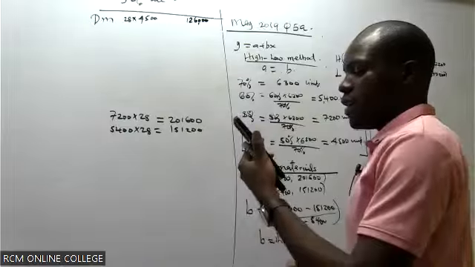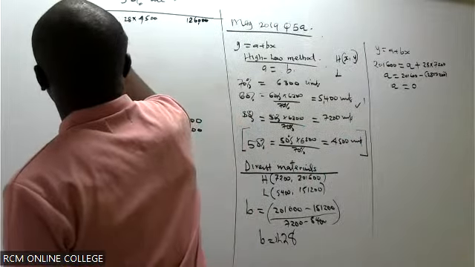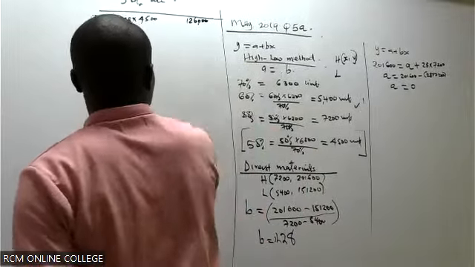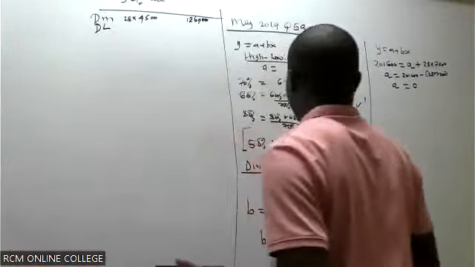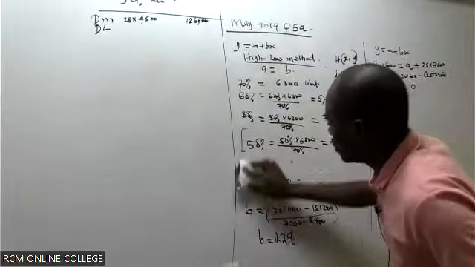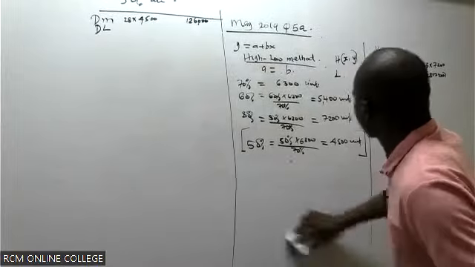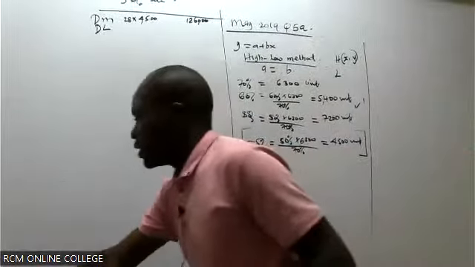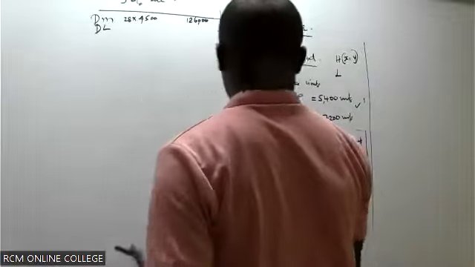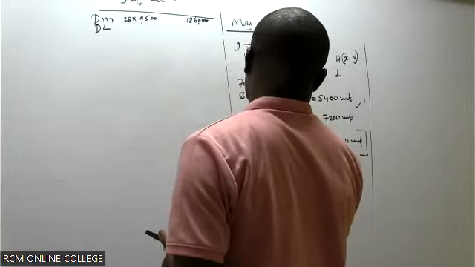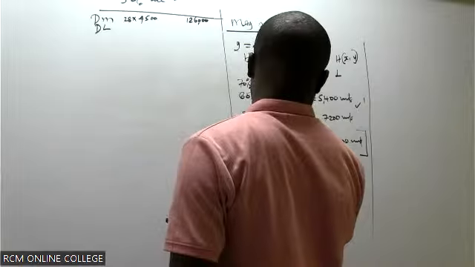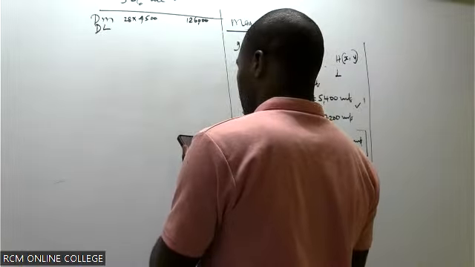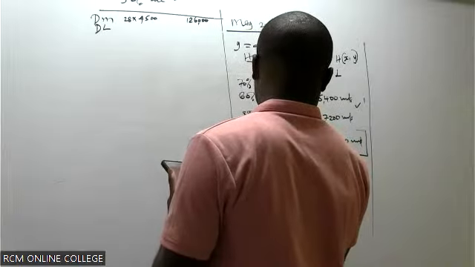The next thing that is given there is direct wages, or direct labor. Let us now calculate your direct wages. For the direct wages, we follow the same procedure. Direct wages, high is going to be 86,400.